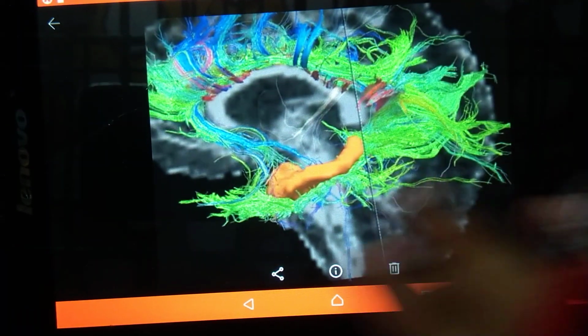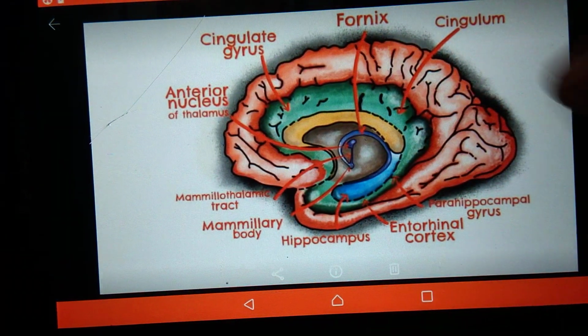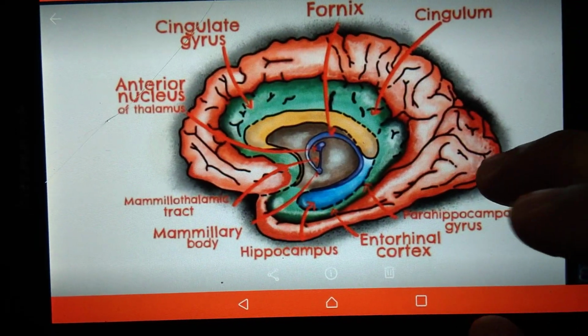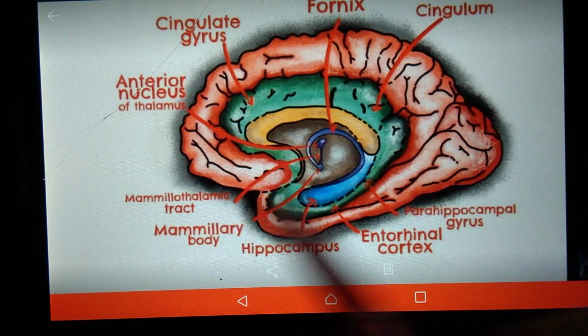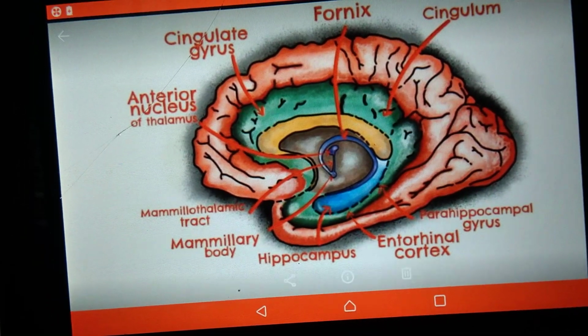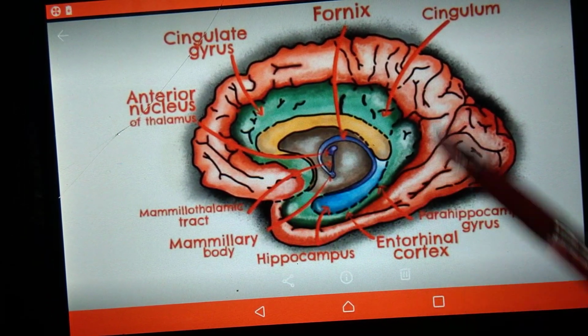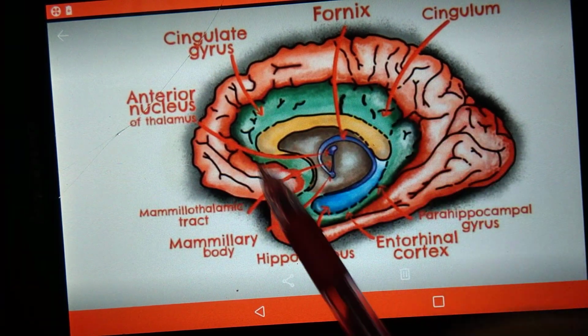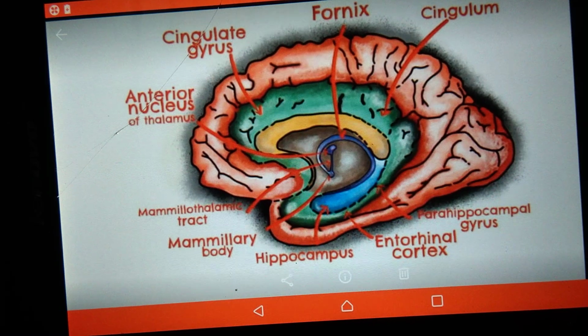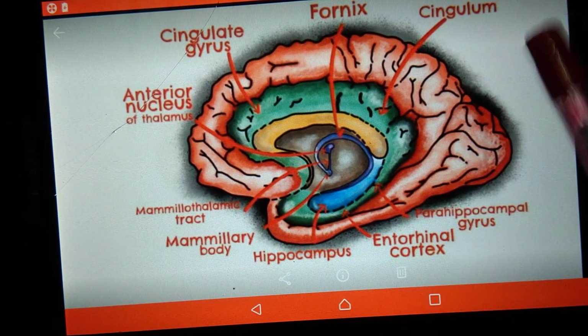Okay, let's discuss what this Papez circuit actually is. Look, this is a section of a brain. First of all, this is a section of a brain. Okay, this is the medial portion of the cerebrum or large brain. Okay, so what is this?